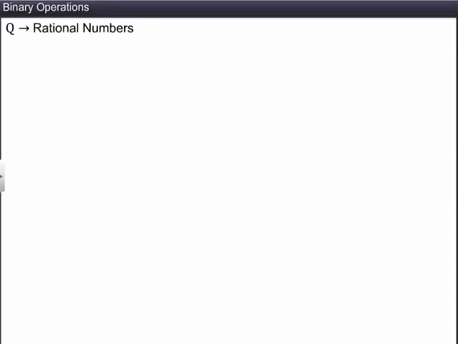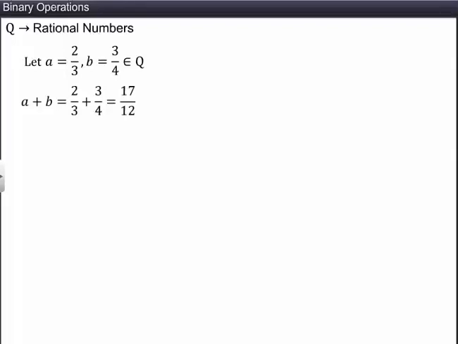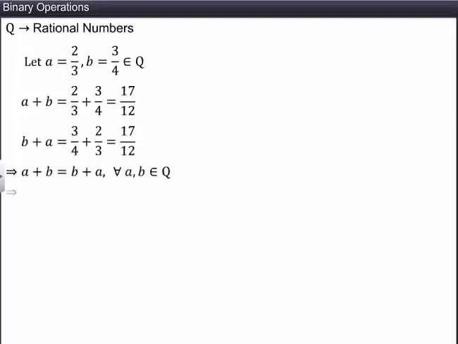Let's again go back to set Q of rational numbers. Let A and B be any 2 rational numbers. Now, on adding A and B in any order, the result remains the same. That is, A plus B is always equal to B plus A. This implies that set Q of rational numbers is commutative under addition.